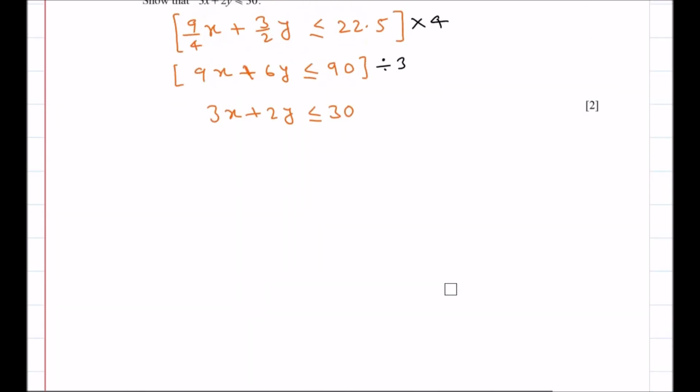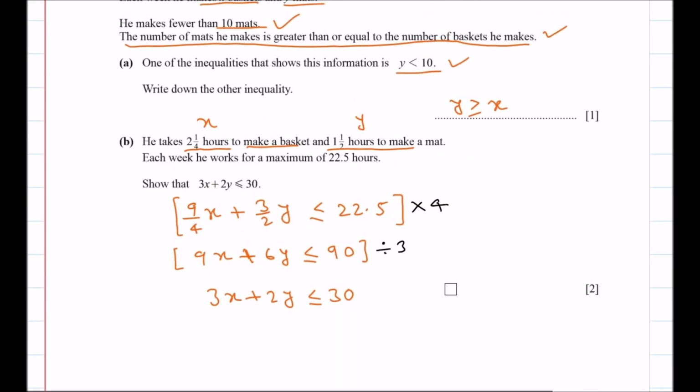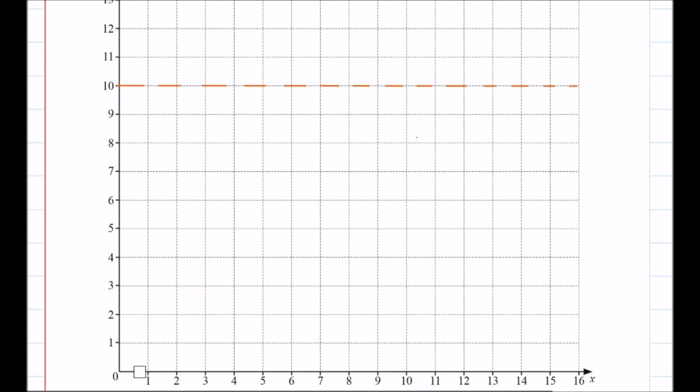Next. What is the next inequality? Y greater than equal to x. So y equal to x line we need to draw. So that means points will be 1, 1, 2, 2, 3, 3, right?